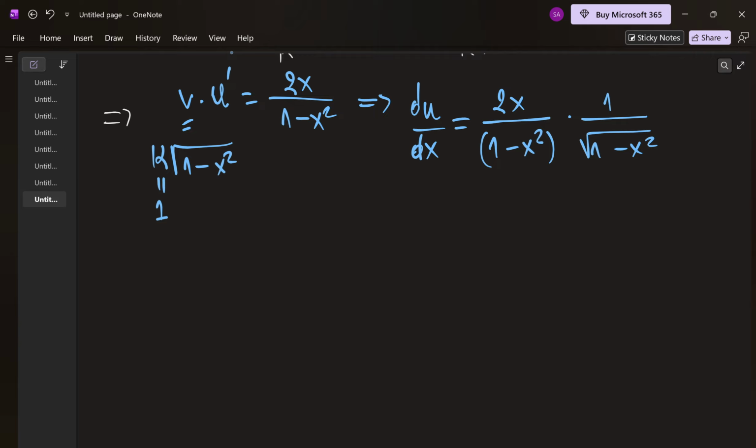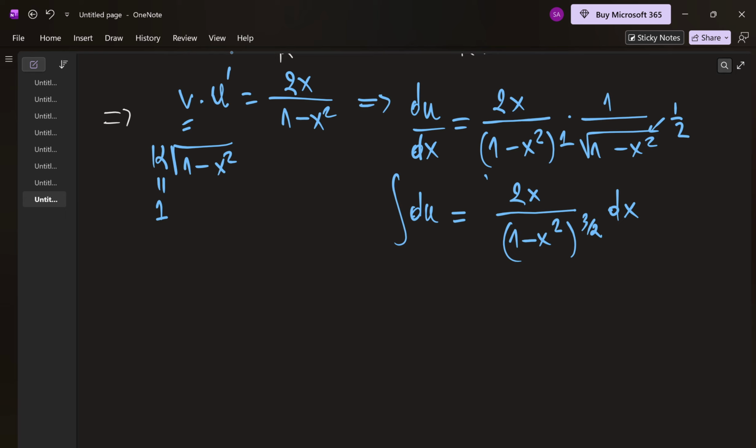Now what you get is du is equal to 2x over 1 minus x squared to the power 1, and this square root is the power 1 half. When you add them together, they become 3 over 2, dx. Now you take the integral on both sides.